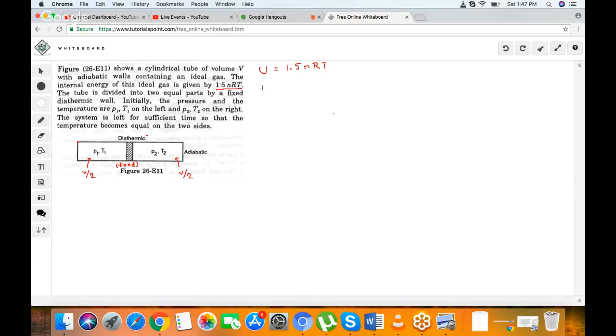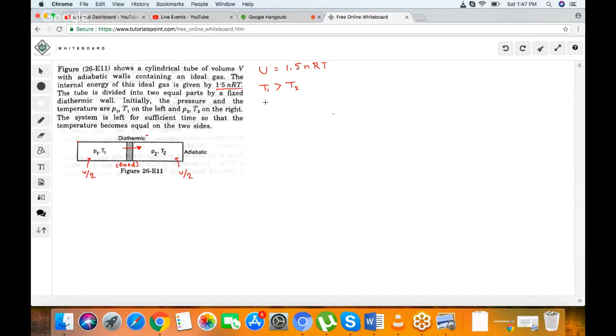Okay, so in order to solve this question, let me assume that T1 is more than T2. Fine. So when the diathermic wall conducts heat from T1 and gives it to T2, the temperature T1 will go down and T2 will go up.